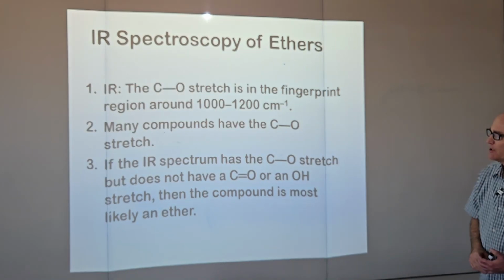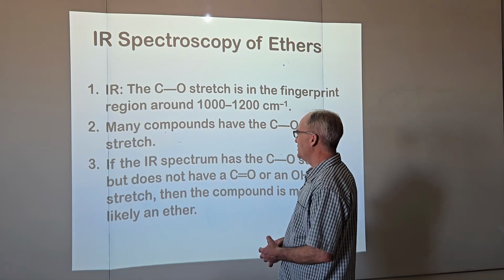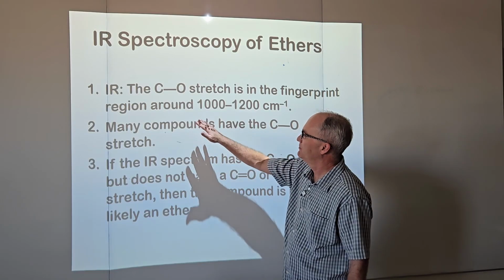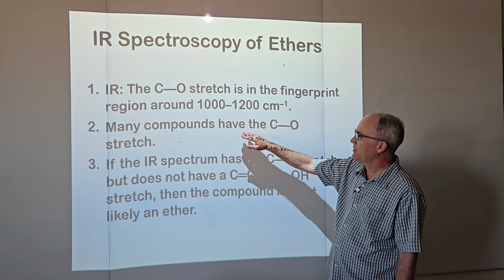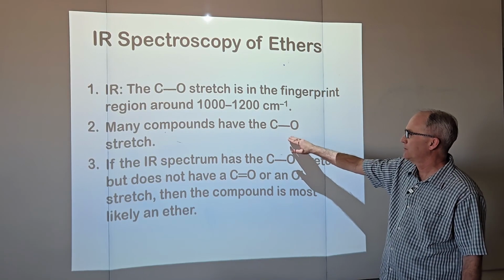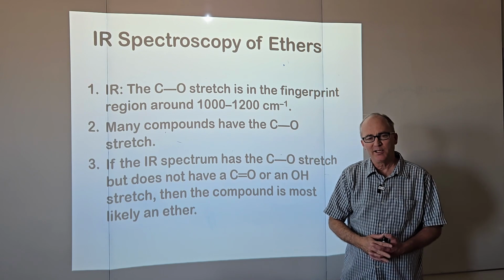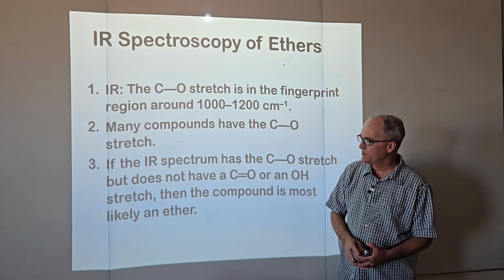So let's talk about the IR spectroscopy of ethers. The carbon-oxygen stretch is in the fingerprint region. So we ignore that. Many compounds are going to have this carbon-oxygen stretch. But as was stated in the IR chapter, what is missing is just as important as what's there.